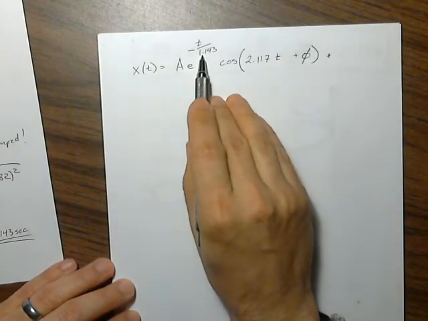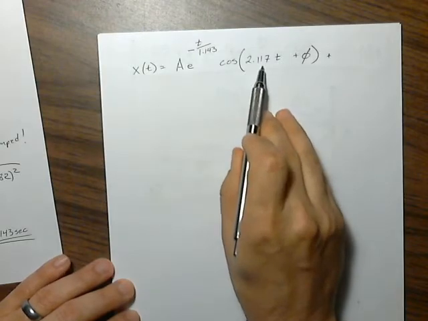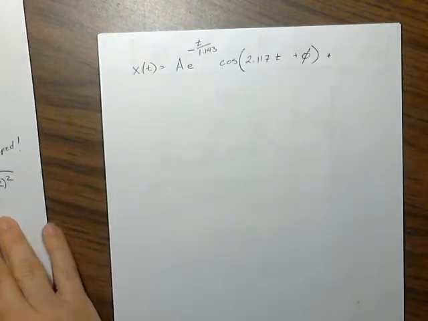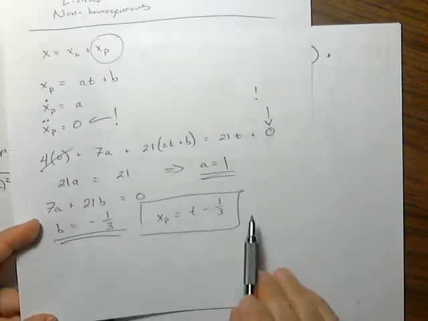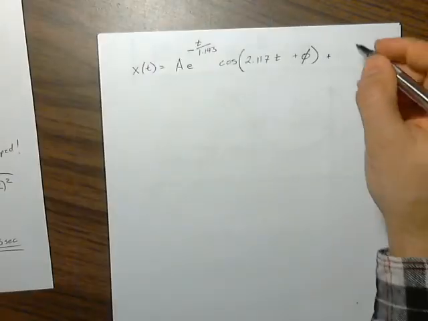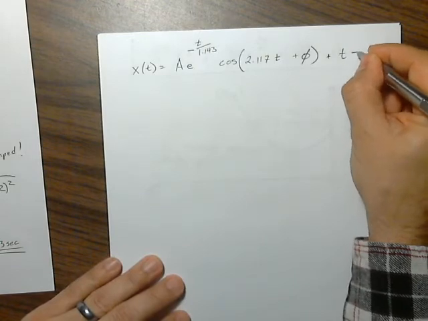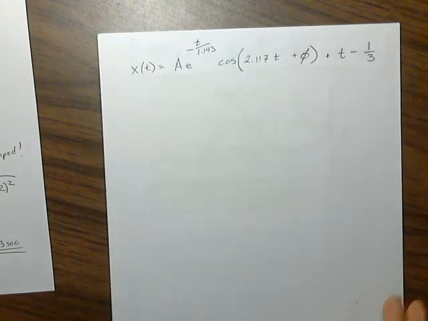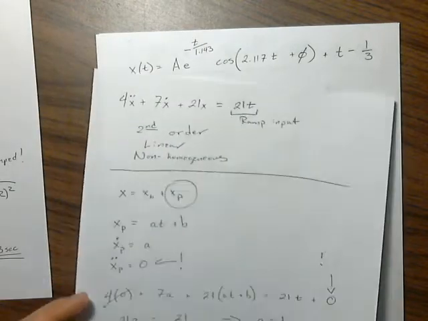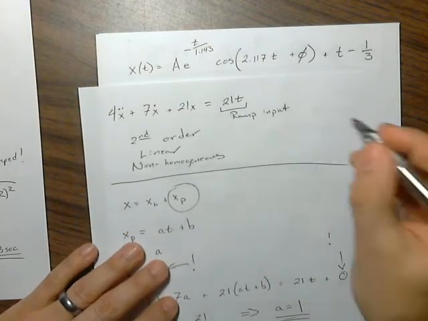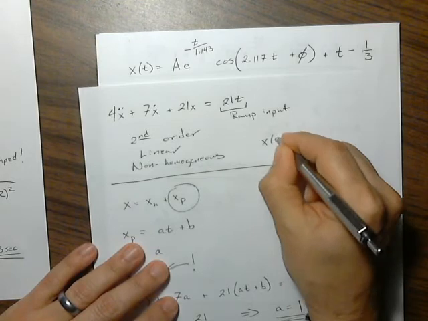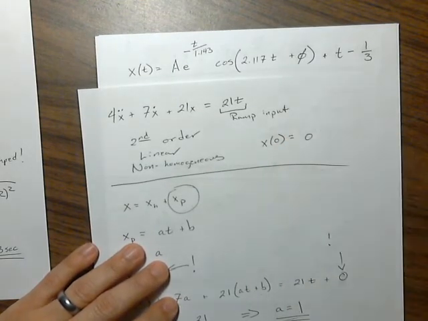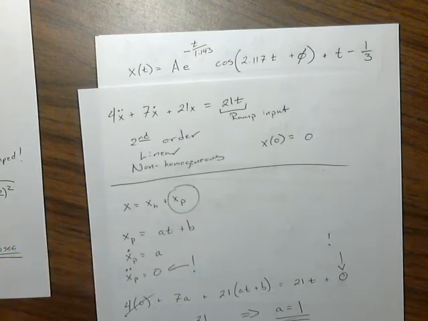All I've done is plugged in for tau and omega d. And now I'm ready to combine my particular solution with that. The particular solution was just this. What did I forget to give us? Crud, I forgot to give us an initial condition. Oops. Let's say that the initial condition is 0. Great. What else do we need?